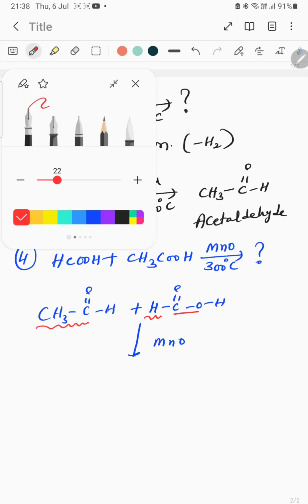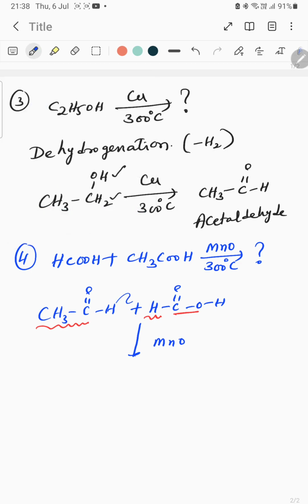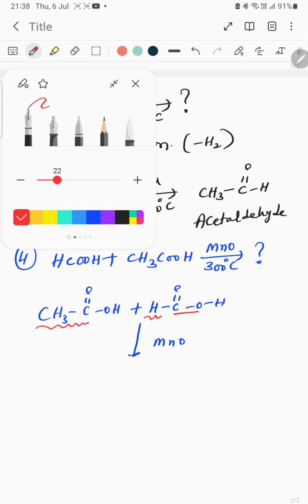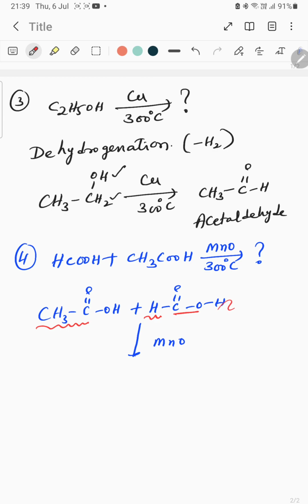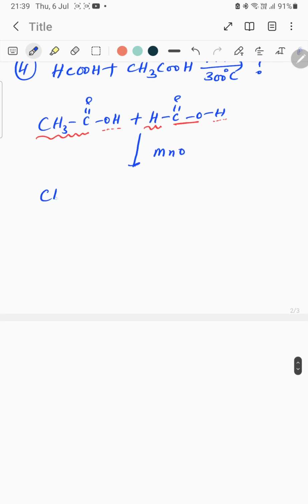Here one more oxygen is there, OH, and this hydrogen and OH group are gone in the form of H2O. CH3 C double bond OH plus CO2 plus H2O. Acetaldehyde will be formed.